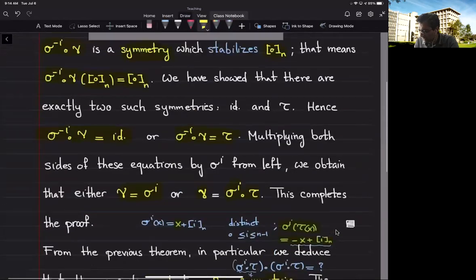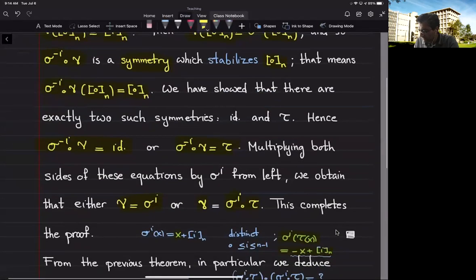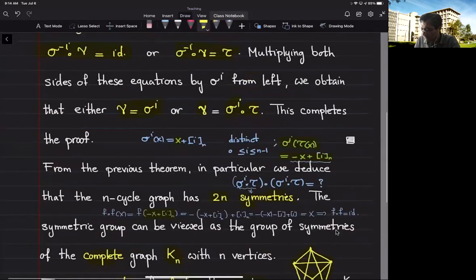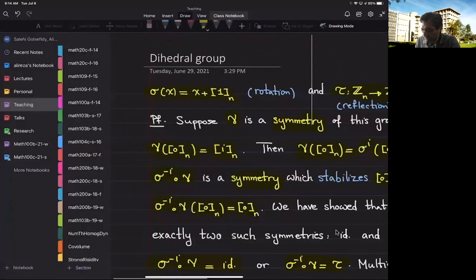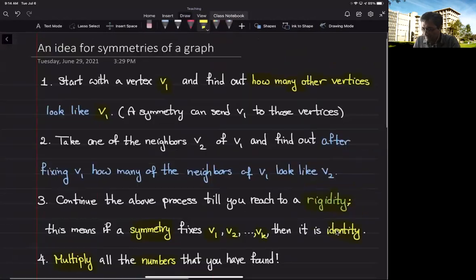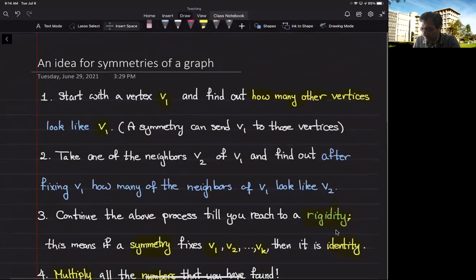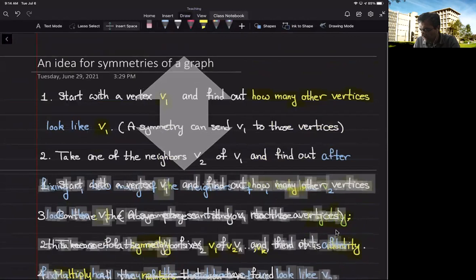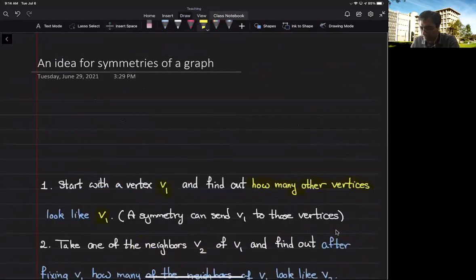Maybe I wrote it over here. If not, let me make sure that I say it. It is, of course, in the title. Let's take this down and make sure that it is in the notes.